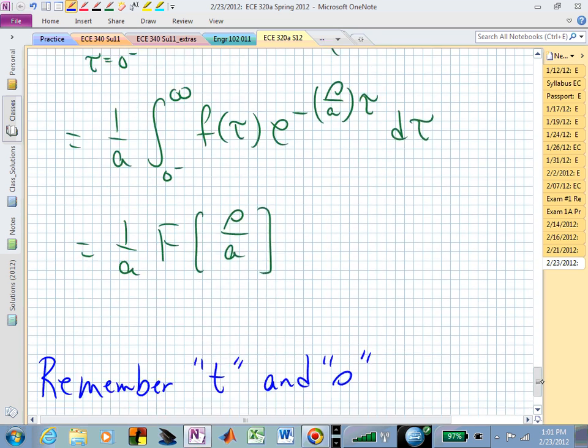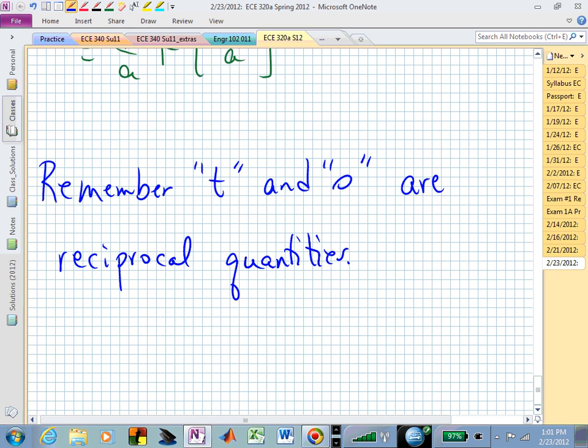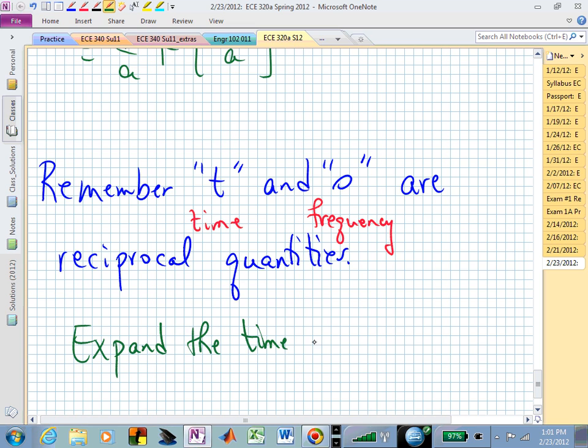But if we remember that s and t are reciprocal quantities, then we can make the following observation. So this is now time, and this is frequency. If somebody says, well, what if I expand the time axis?